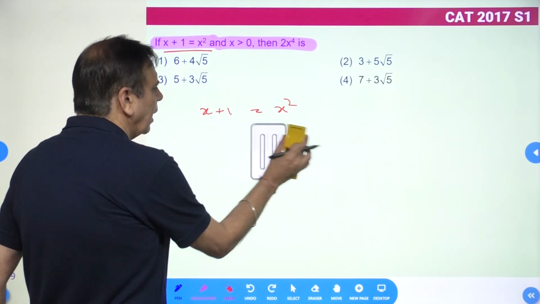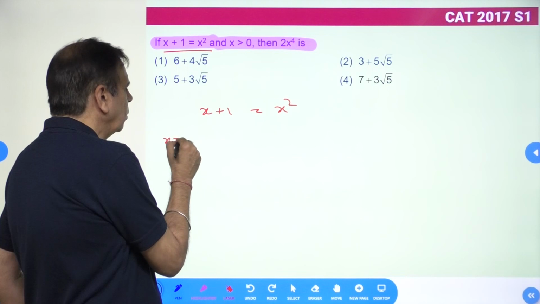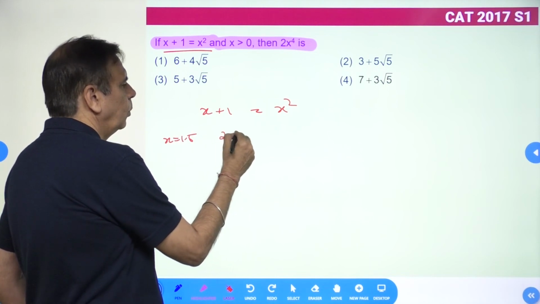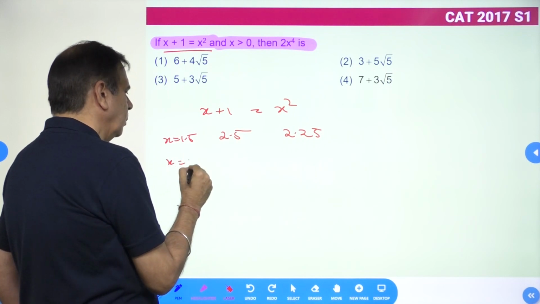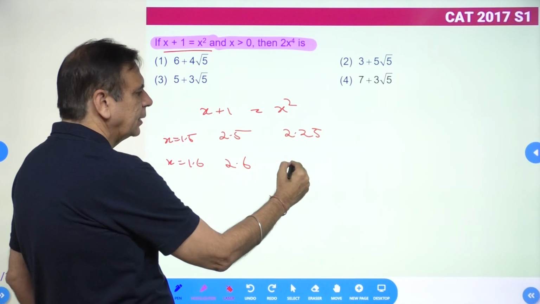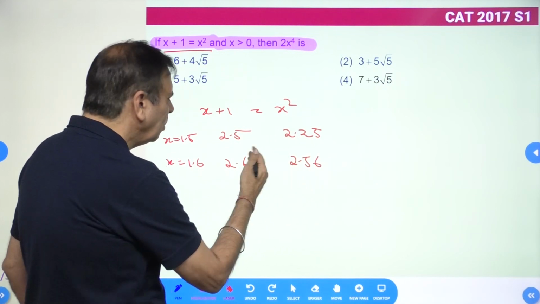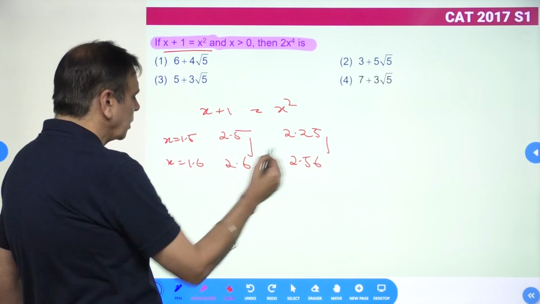So let's check for some values and get an approximate value of x. x is equal to 1.5. That means 2.5 and this is 2.25. x equal to 1.6 means the left hand side becomes 2.6, the right hand side becomes 2.56. Almost the same, no? So this has increased much more.